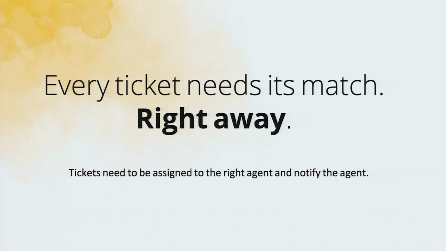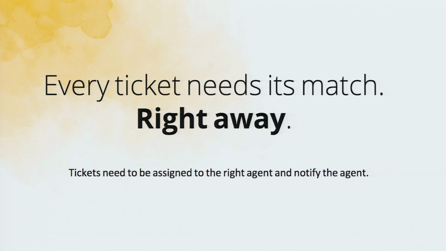Now that we know how to set up channels to receive tickets inside Zoho Support, it's not enough. Once we receive a ticket, the next thing we have to do is make sure this ticket is assigned to the right person right away, right? So how do you do that? You have to set up some automation steps to assign the ticket automatically when it comes in.